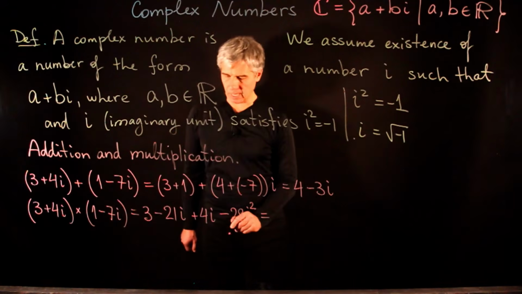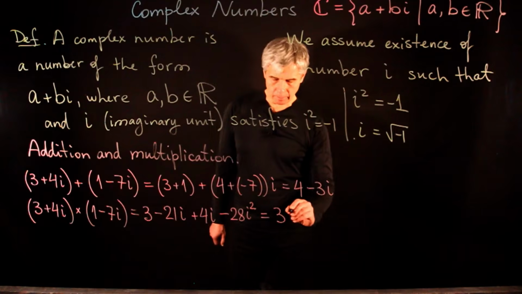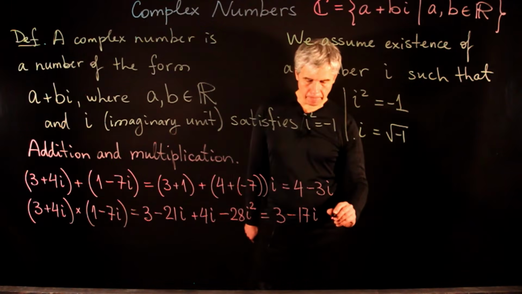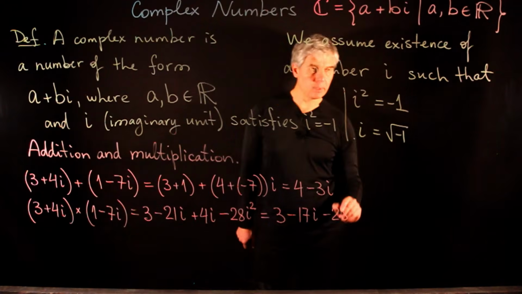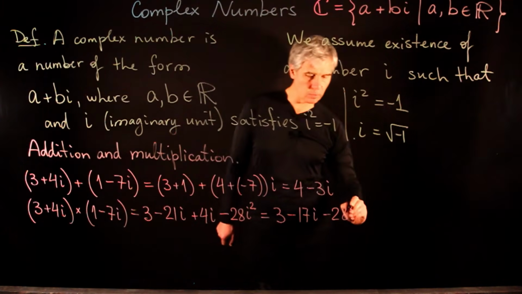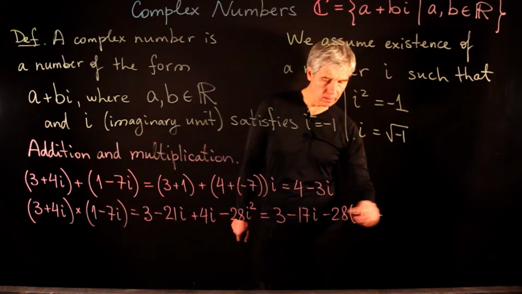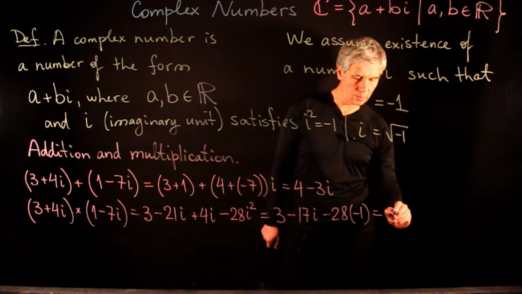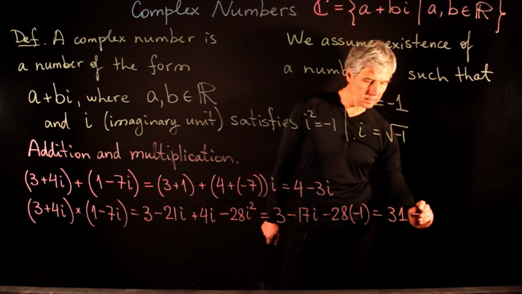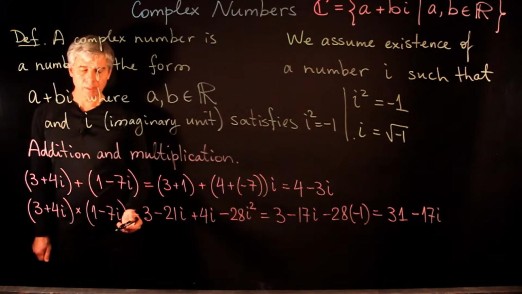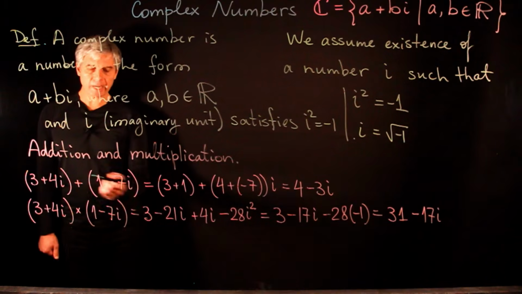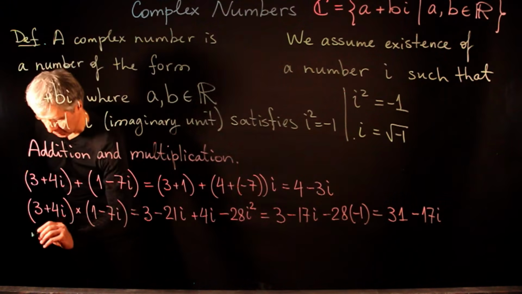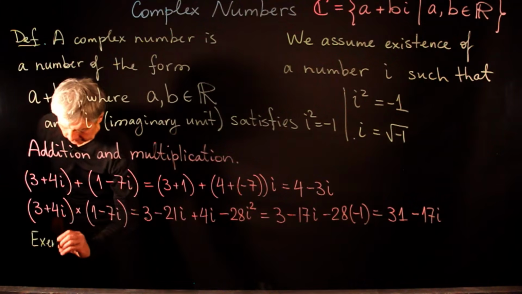And so we get 3 minus 17i and minus 28, but i squared is equal to minus 1, so times minus 1. So this becomes plus 28. And so then the answer will be 31 minus 17i. So it's clear how to generalize this for arbitrary complex numbers. And I leave it for you as an exercise.